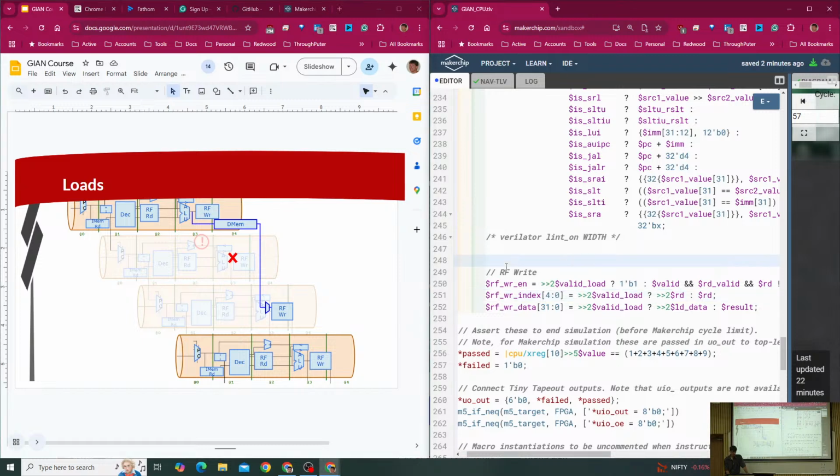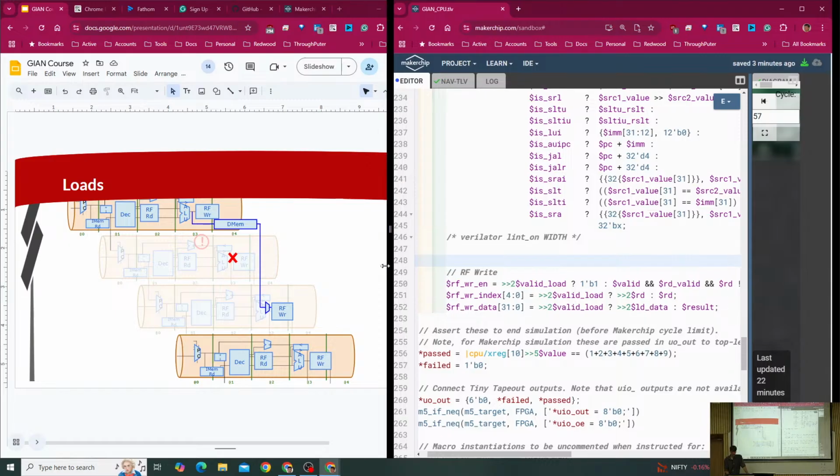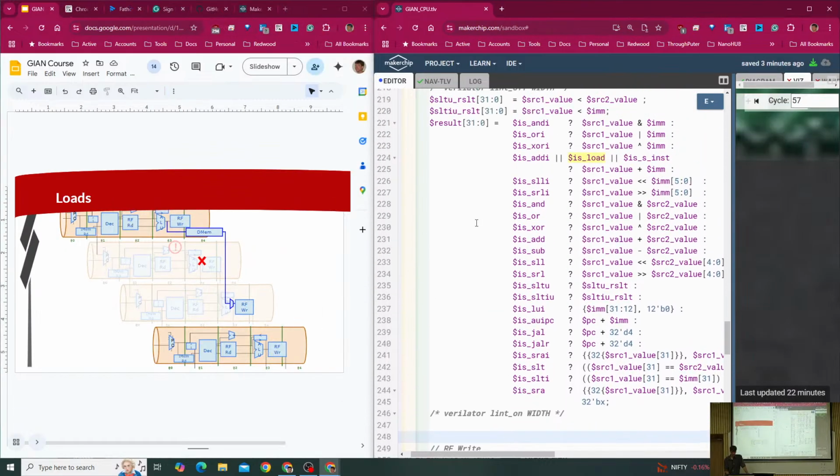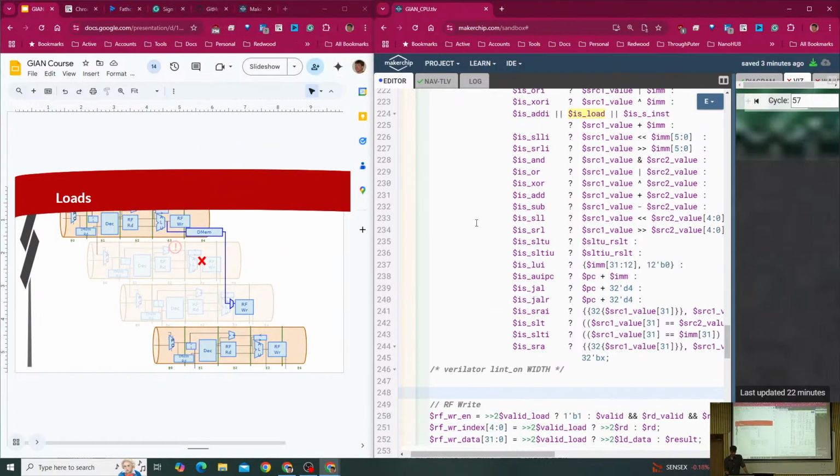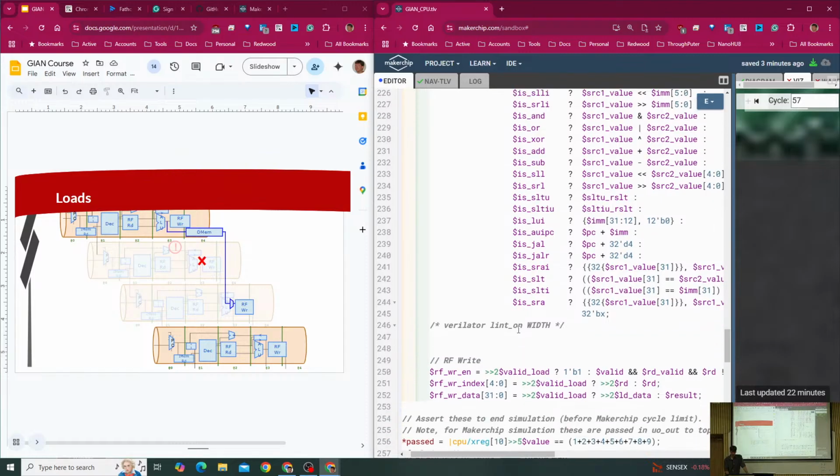Any other questions about the logic? Okay, so it's here and here.